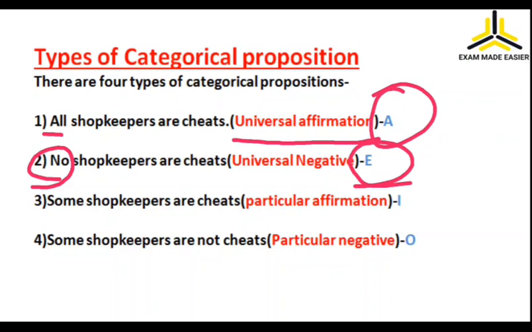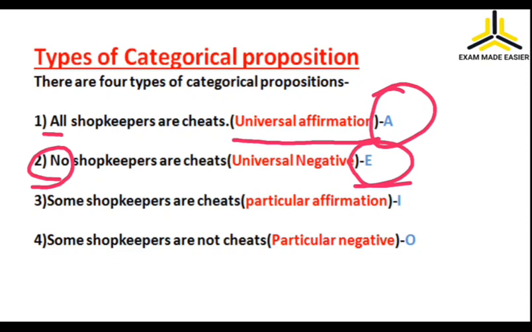These are important. We will know about A, E, I, O in the later sections when I will discuss the square of opposition. So you have to see all the videos carefully. And if you have not seen my previous video, which I have already given for deductive and inductive reasoning, you can see it in the i-link button, which is showing up here.